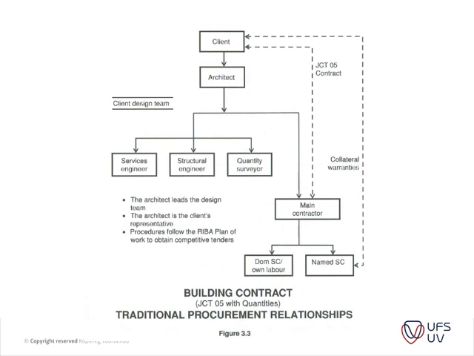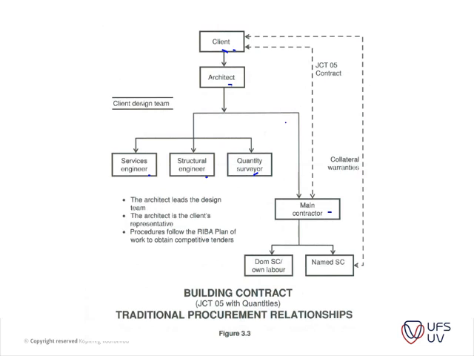Okay, then we look at the building contract. The traditional procurement methods is where you have your client here at the top. He usually appoints an architect or principal agent, and then he advises who the client should appoint. So you have your services engineer, structural engineer, your QSs, and so forth. And then the client, through the procurement process, the architect usually advises the client on which contractor to appoint.